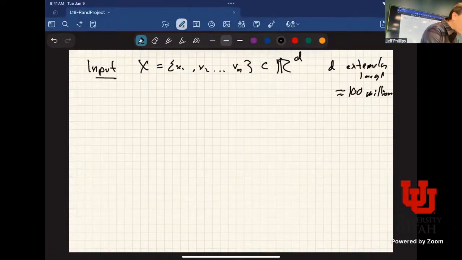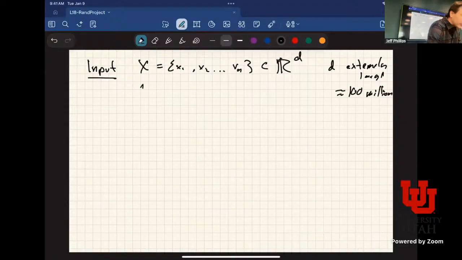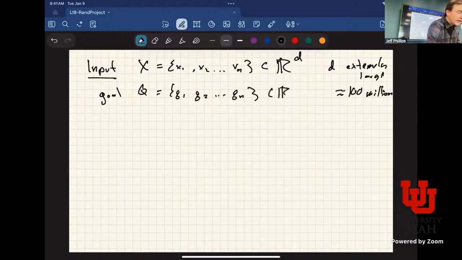And the goal now is to map this to a data set q1, q2 up to qn, which is going to be in R^K, where K is going to be much less than D. We're going to think of K as about 500.